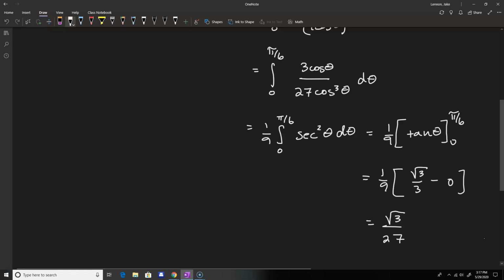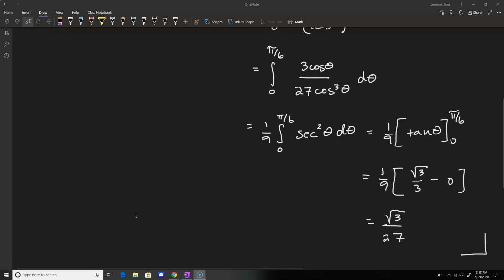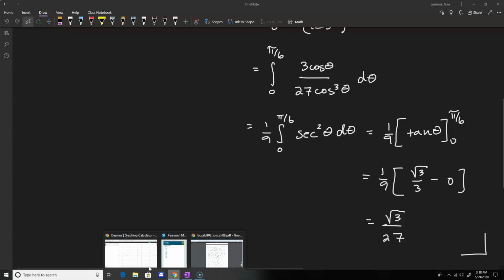And again, there's a lot of work that went on in that problem, quite a few steps, but one way that we can always check our answers, since this is a definite integral, is to go back to Desmos and see if the evaluation of the original integral matched what we got doing it by hand. So let's jump over to Desmos just to check that.